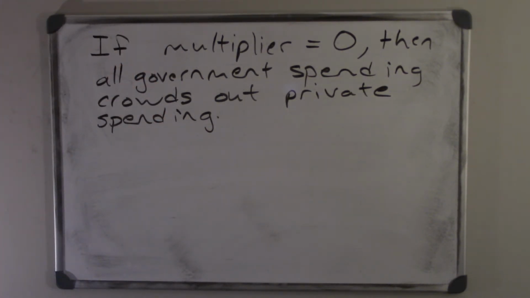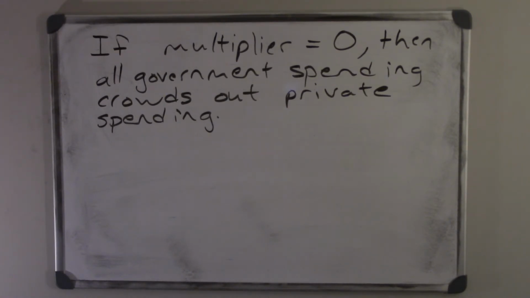So this would be the situation where the government increases spending by $100 million, then it's going to crowd out $100 million worth of private spending, right? So if we have a multiplier of 0 or even really close to 0, fiscal policy is probably not a great option, because we're not going to see any change to our real output.